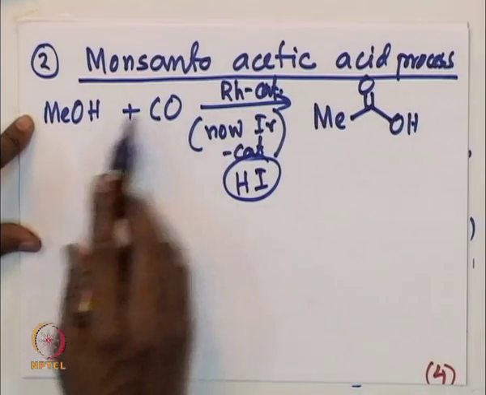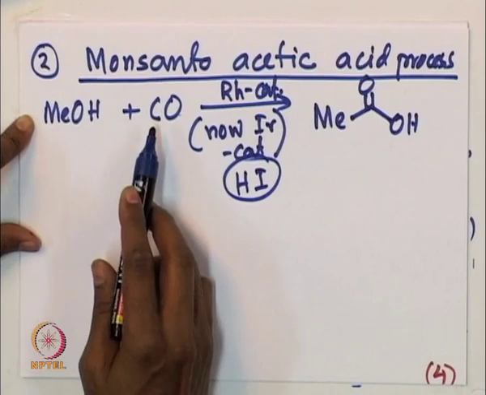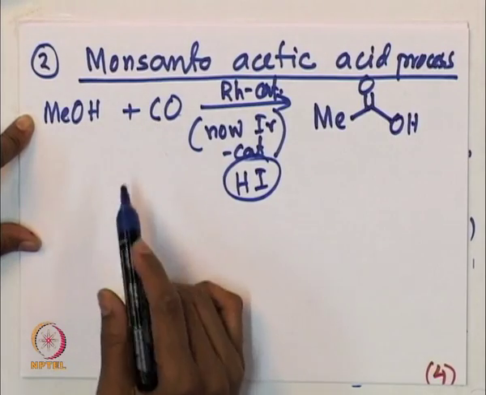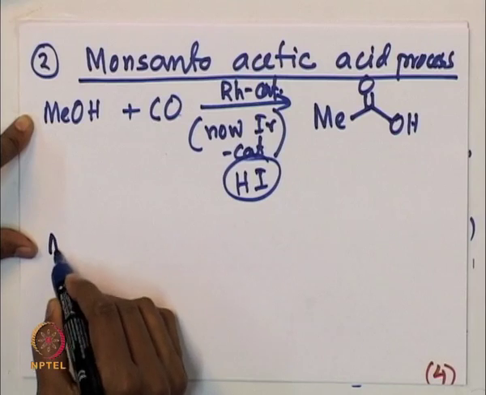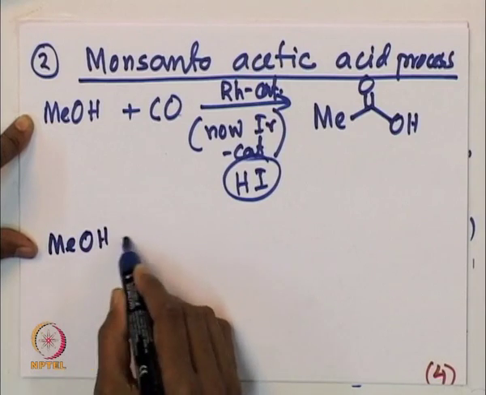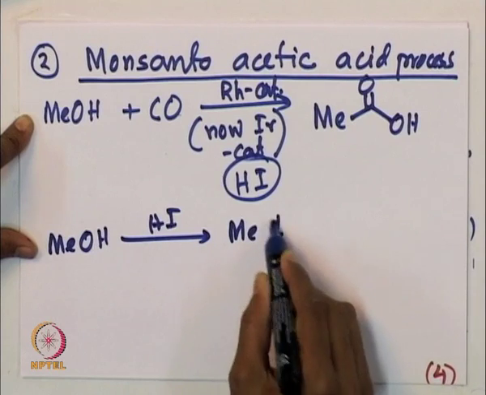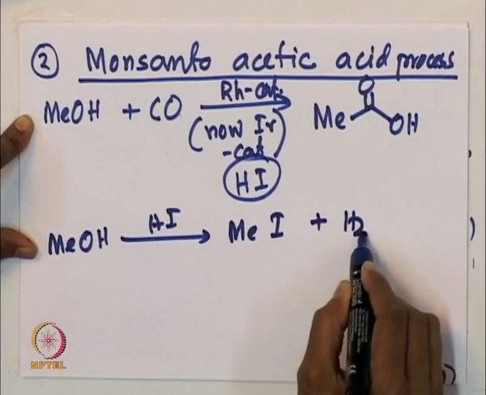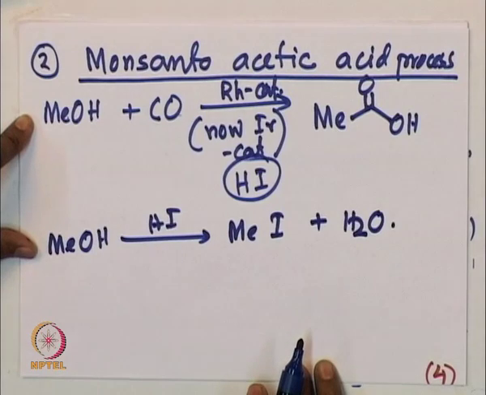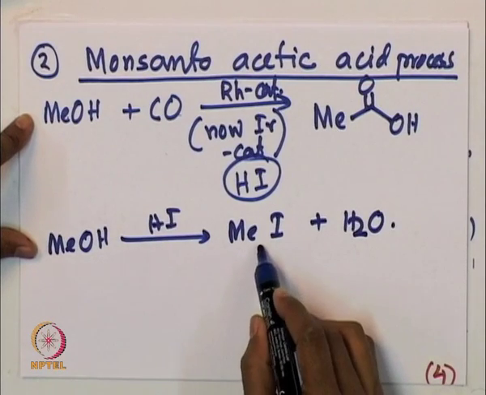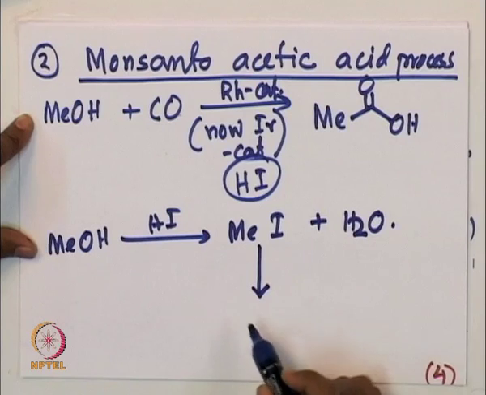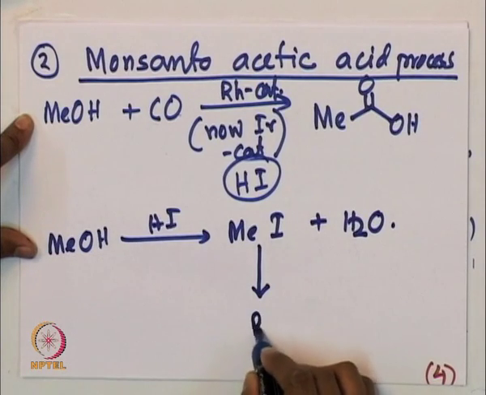At one glance it may look like CO just getting inserted here, but it is not really the case. First of all, methanol will be converted in presence of HI to give you methyl iodide plus water, right. Now, this methyl iodide will undergo oxidative addition into, let us say, rhodium.